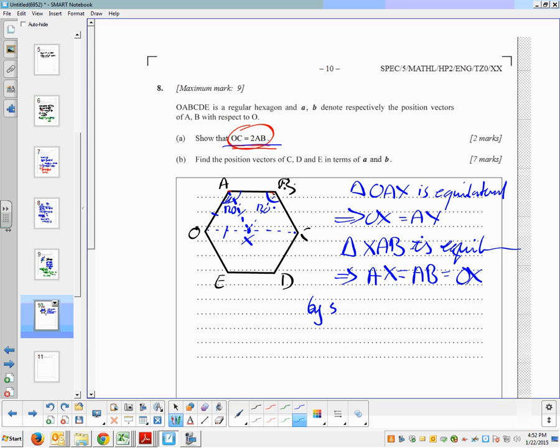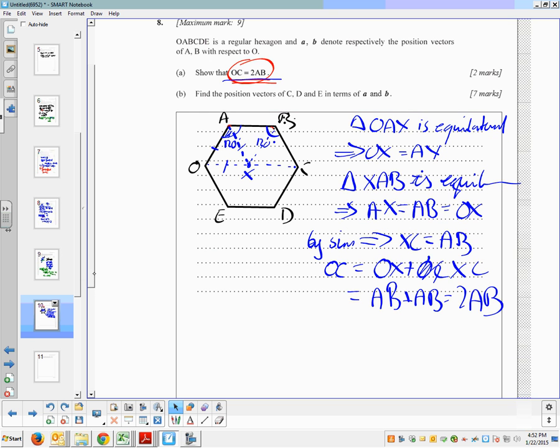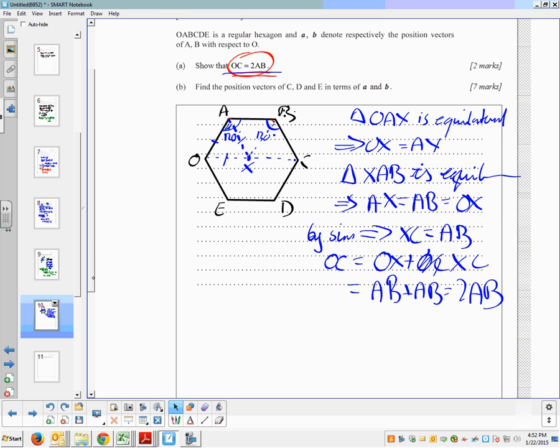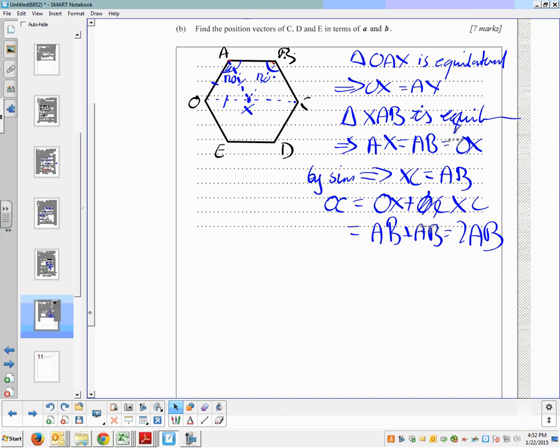And by a similar argument, XC is equal to AB. And since OC is equal to OX plus XC, that must equal AB plus AB, which is 2AB. So any attempt to do this using vectors is going to ultimately lead to circular reasoning that's not going to count.